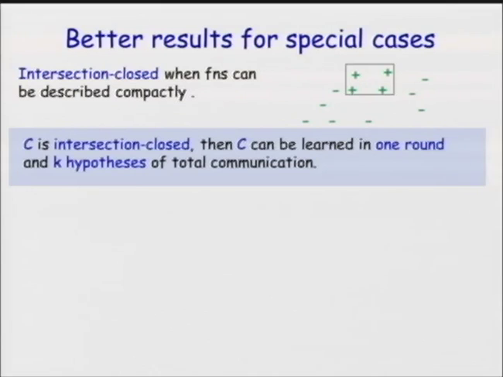It turns out that for any such class, if we furthermore have the property that each target function can be described compactly, like for instance the class of conjunctions, which is intersection closed, or the class of intervals on the real line, which is again intersection closed, then we improve over the baseline methods. Okay?